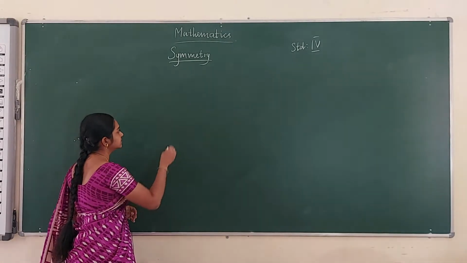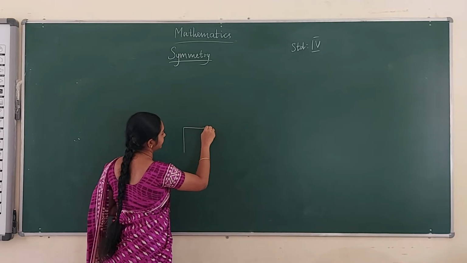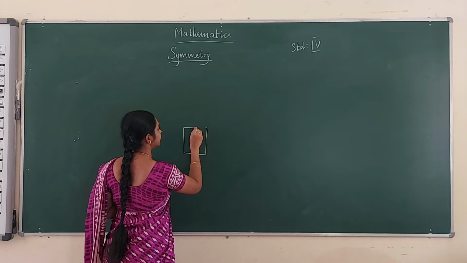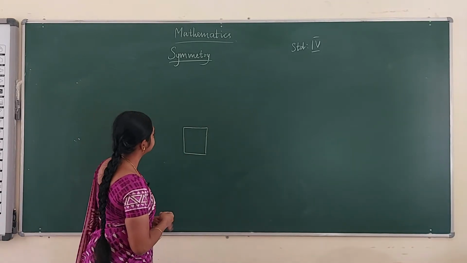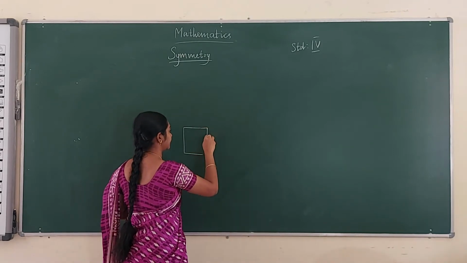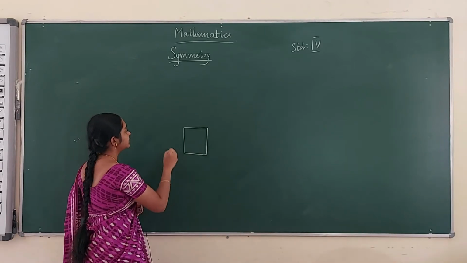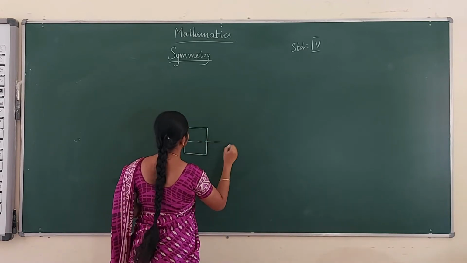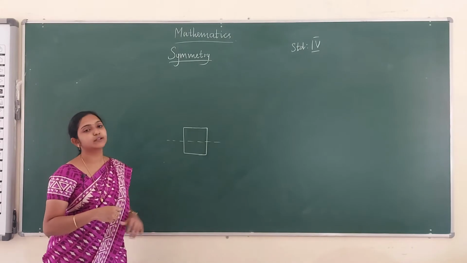For example, this is a square. If I divide the square by a line, both the sides will look the same.